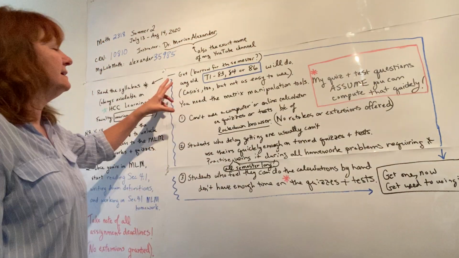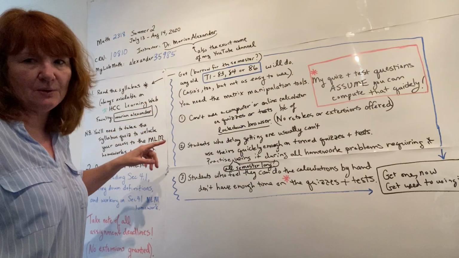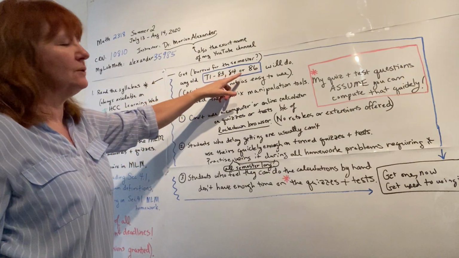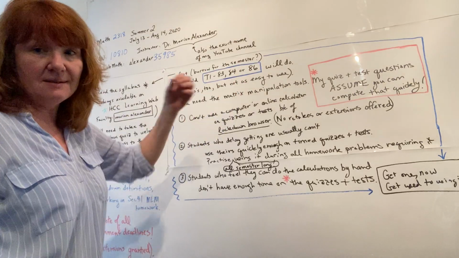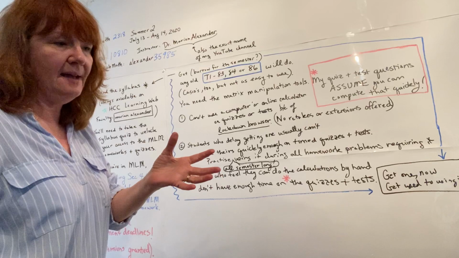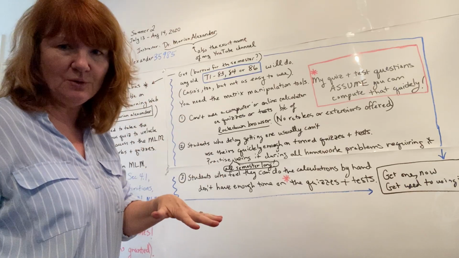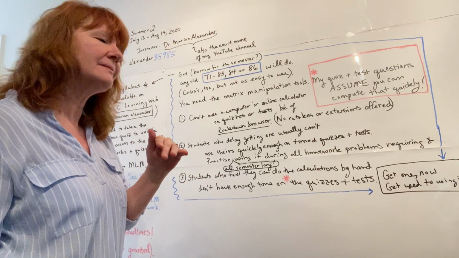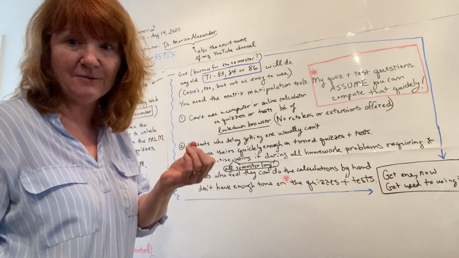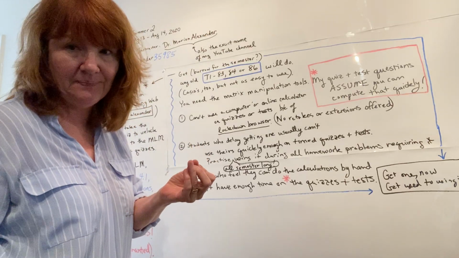In particular, for the linear algebra course, I require that you have a TI-83, 84, or 86, because it can manipulate matrices so quickly and cut down your computational work and free you up for thinking about the theory, the mathematical theory in linear algebra.